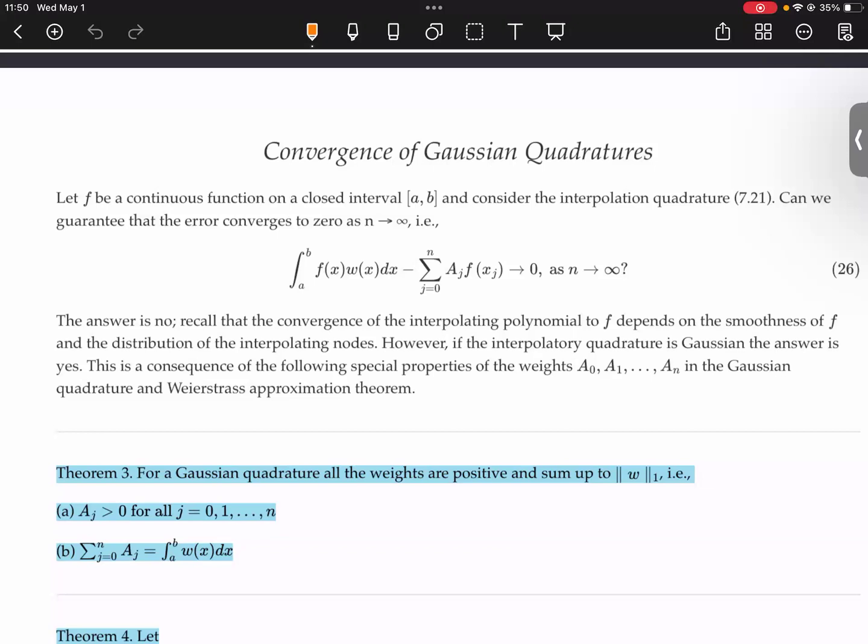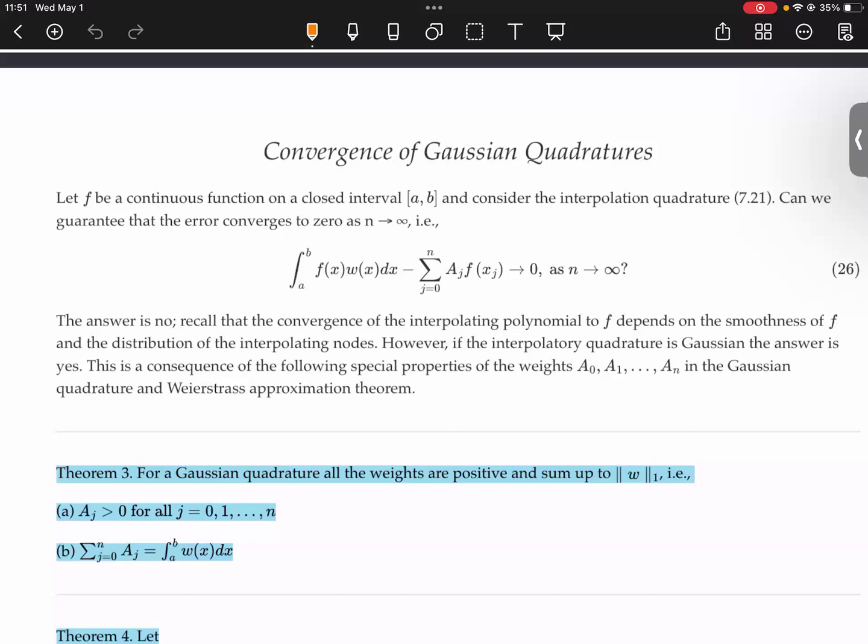And then there is a not very important property about the Gaussian quadrature coefficients. The Gaussian quadrature coefficients are always positive. And we use the weight equal to 1 throughout this course.